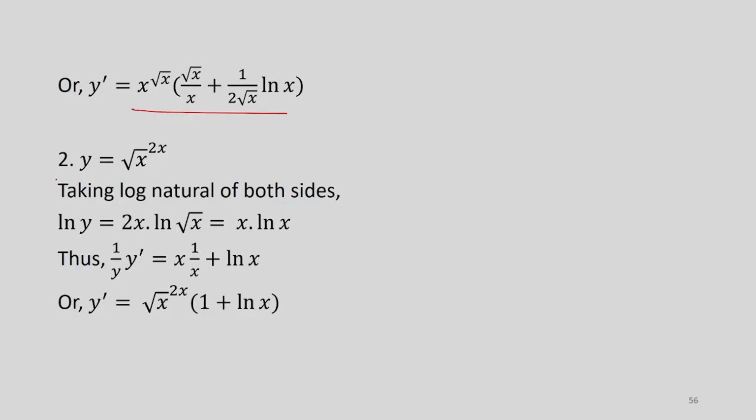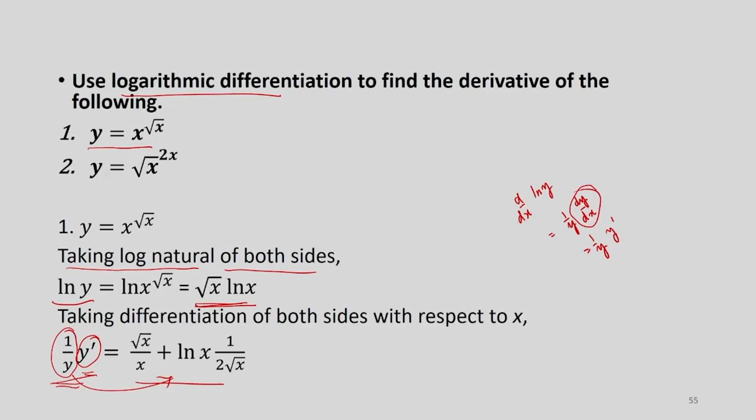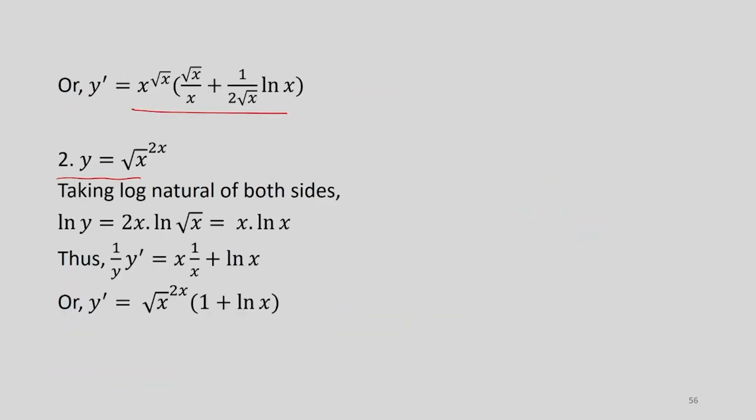The second part is a different problem. You have root over x to the power 2x. Earlier you had x to the power root x. However, this can be easily found out again like before. I take the log of y on the left hand side.